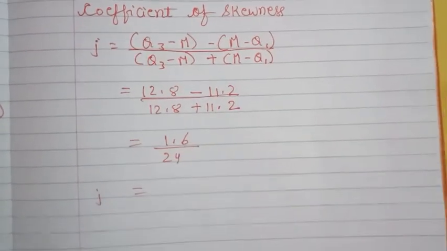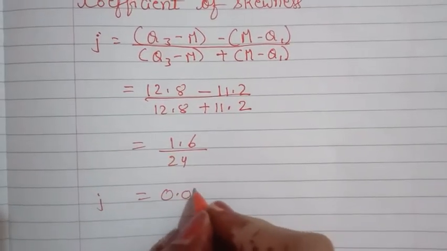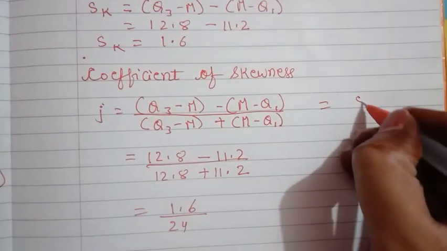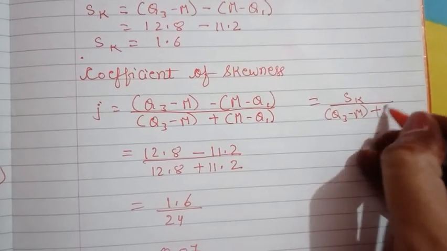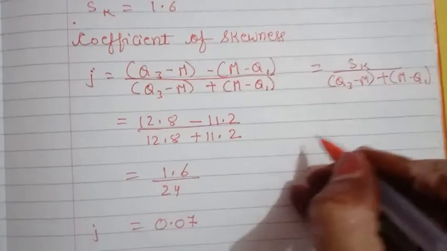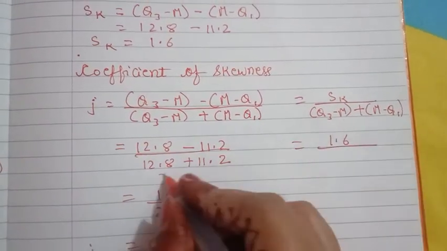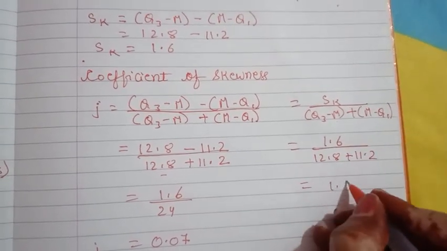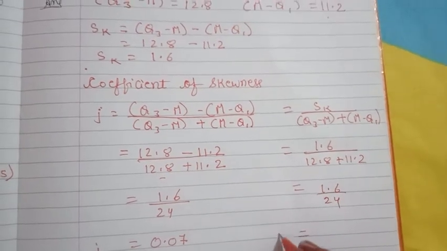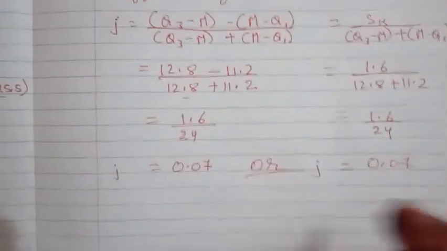So 1.6 divided by 24 is equal to 0.07. I also told you that in place of this numerator you can write skewness upon Q3 minus M plus M minus Q1, that is 1.6 upon 12.8 plus 11.2, so 1.6 divided by 24 is 0.07. Any of the methods you can use.